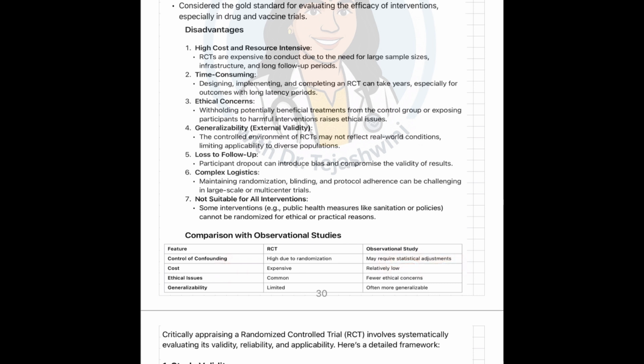RCTs are more expensive, while observational studies are generally cheaper and easier to implement. Ethical issues. Ethical concerns are more common in observational studies, as participants are not randomly assigned to interventions. Generalizability. Observational studies are often more generalizable to real-world settings, while RCTs may have limited generalizability due to their controlled environments.